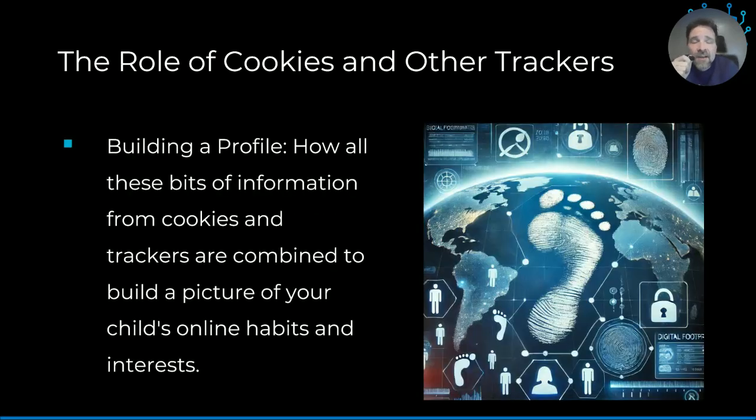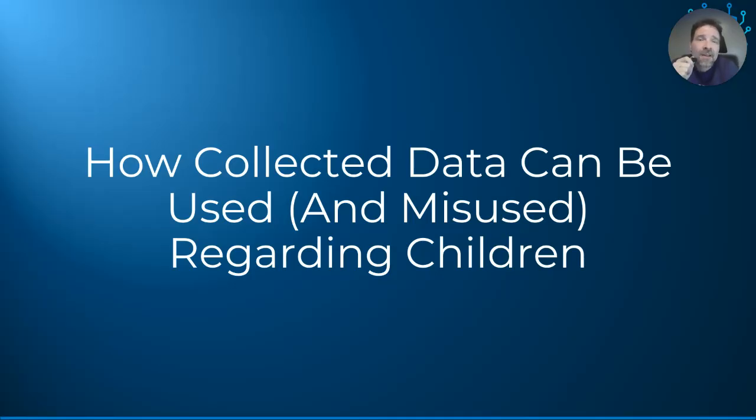And in the end, they are building a profile, right? They are using your digital footprint, your actions, the tracking cookies, the device ID, and everything else they can to build a profile of your child and understand her online habits and interests and why, right?